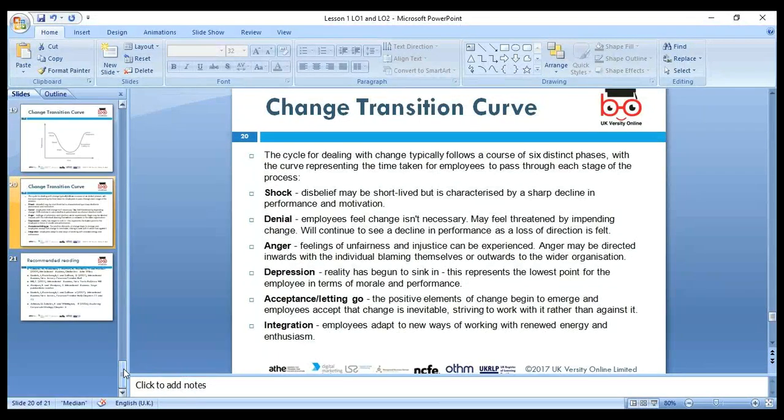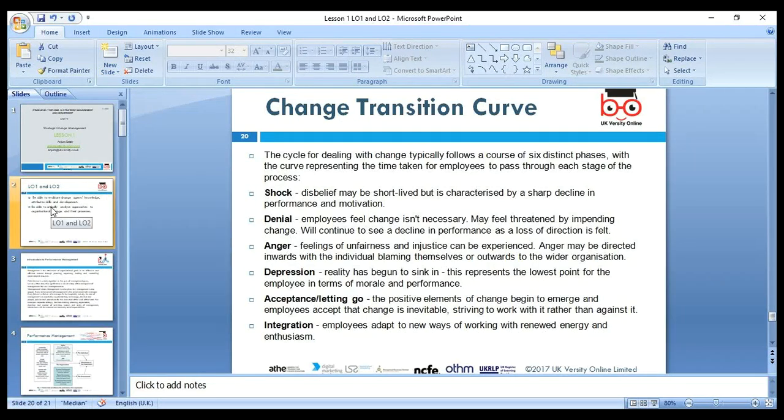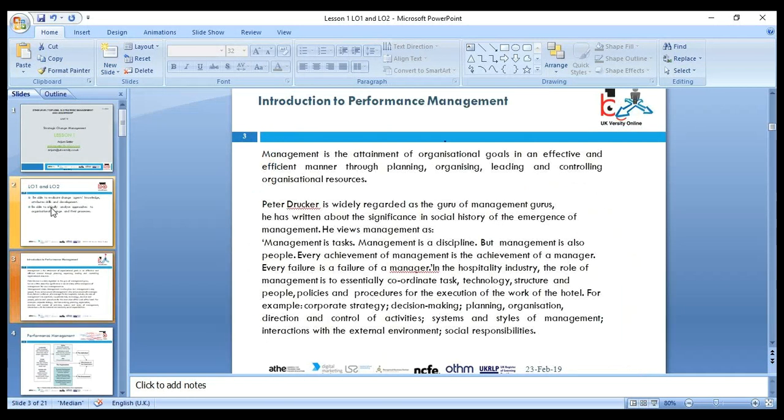So today we discussed some models of change, and we discussed what performance management is, because ultimately whatever we want to change, we want to improve the performance. We discussed what performance is, what management is. We discussed Peter Drucker, a great scholar who wrote many books.